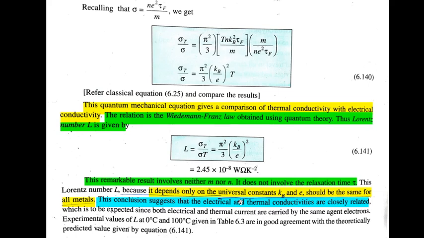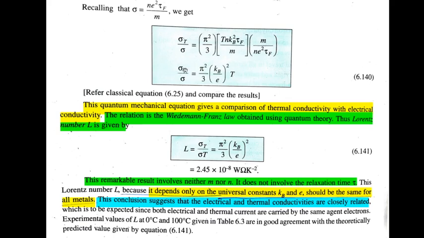But now we are taking the ratio of the thermal conductivity to the electrical conductivity, sigma t upon sigma. So the ratio sigma t upon sigma, we are getting just a few numbers, pi square by 3. So it is basically a constant multiplied by the square of another constant, the Boltzmann constant over the charge of the electron, into temperature.